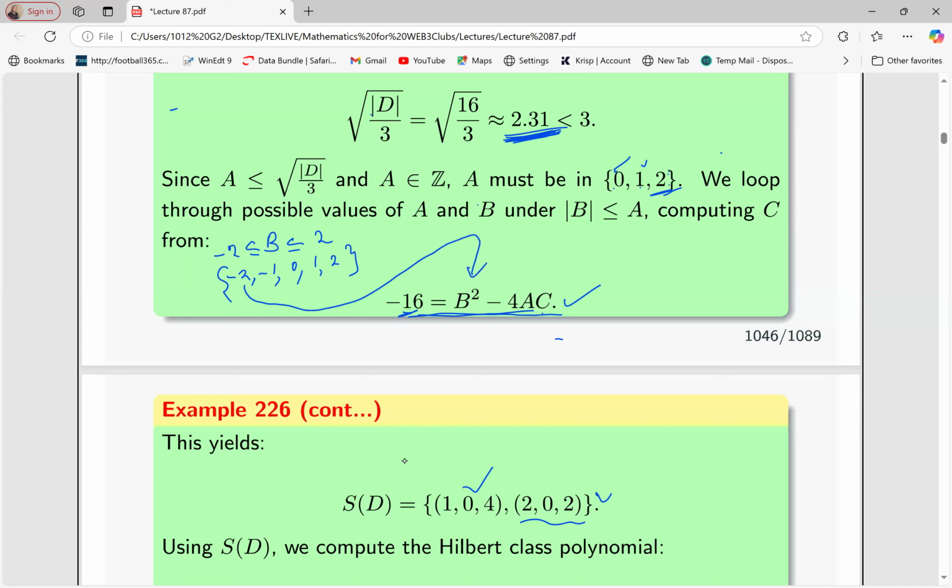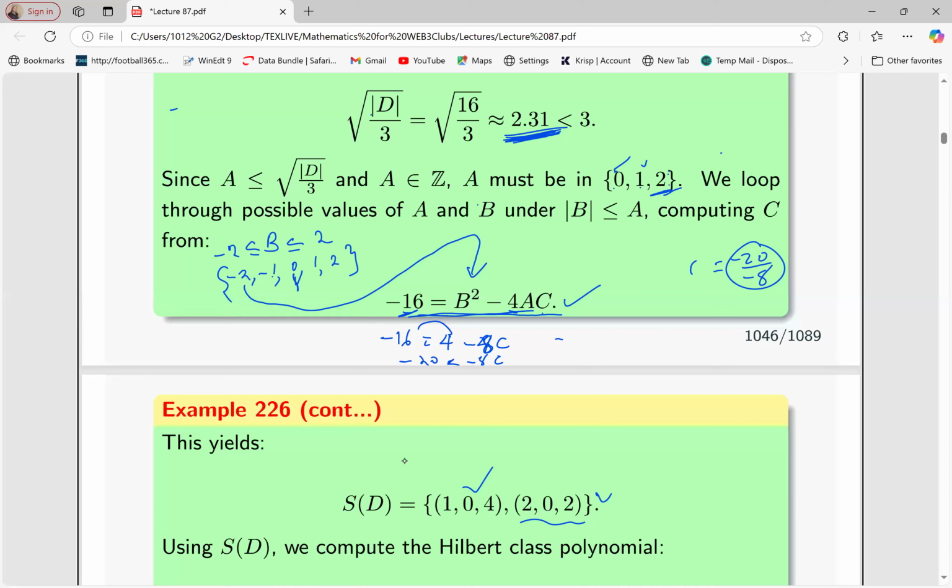Then negative 16 equals 4 minus 4 times A, where A is 2, so 4 times 2 will be 8. Crossing to the other side will be negative 20 equals negative 8C. So C is negative 20 out of negative 8, which is not a whole number. You will disqualify it.